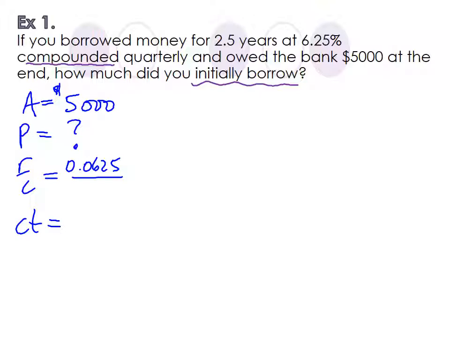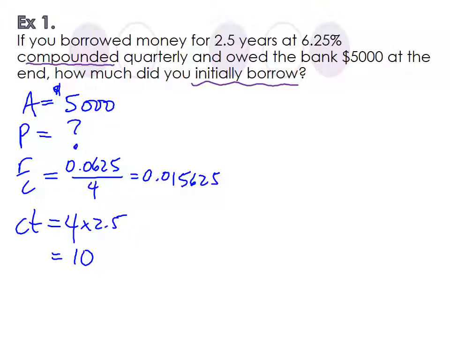Your compound period, it says compounded quarterly, so over 4. And the time was 2.5 years. 4 times 2.5 is 10. Let's double check to see if our R over C value ends up being a nice decimal. Relatively nice. 0.015625.